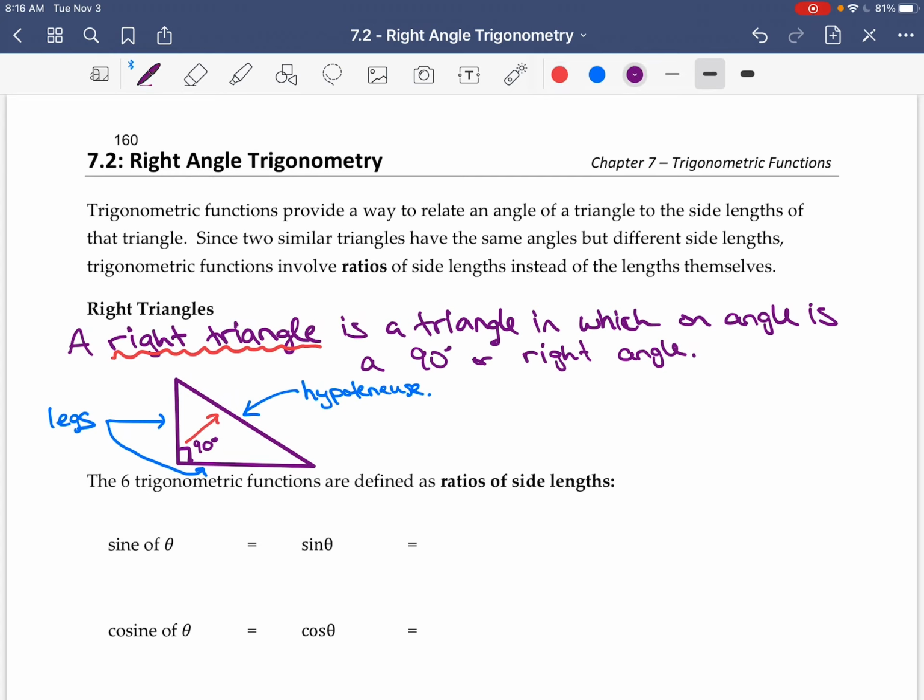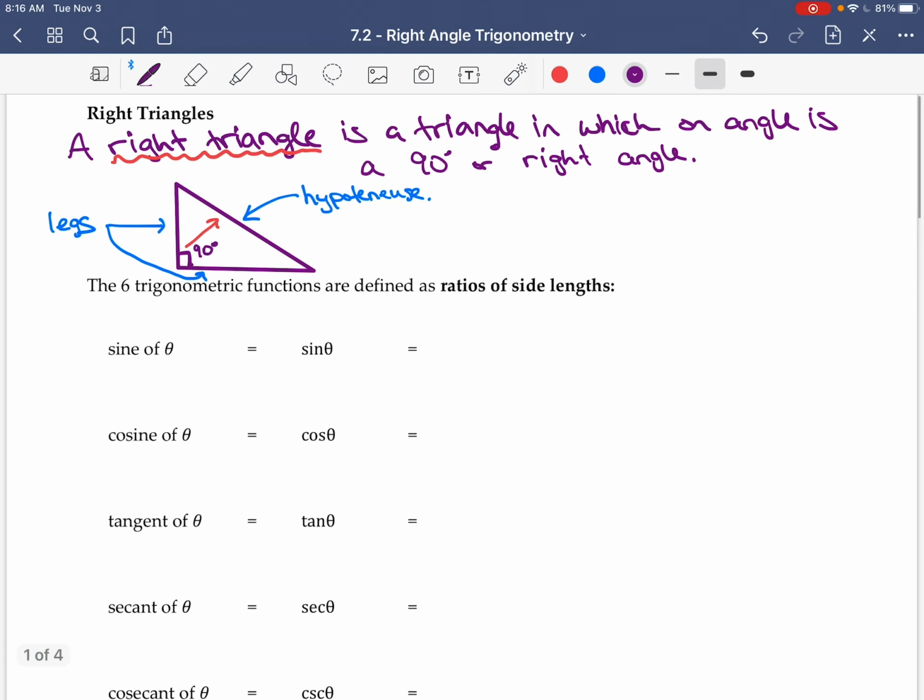Now I'm going to draw another one over here, a little bit bigger maybe. So that's a triangle, and here's a right angle.